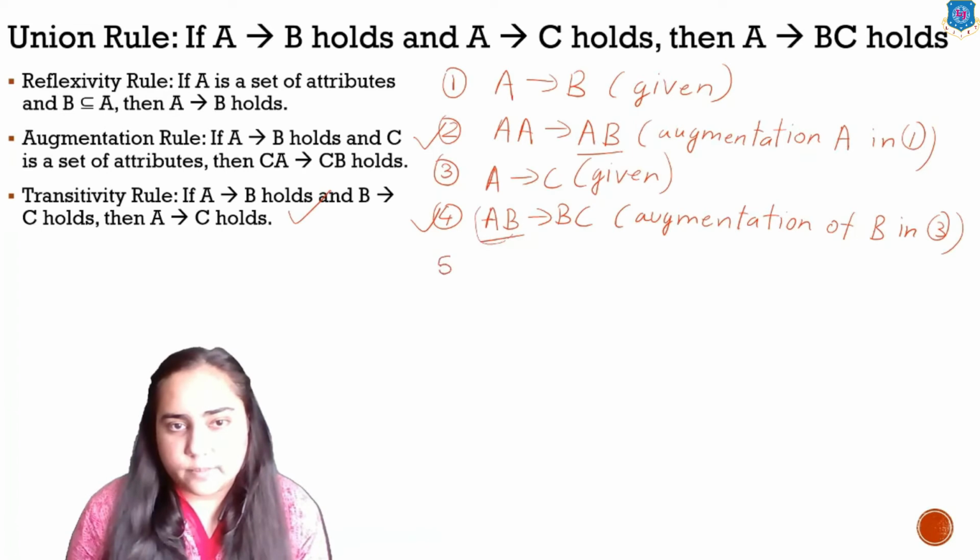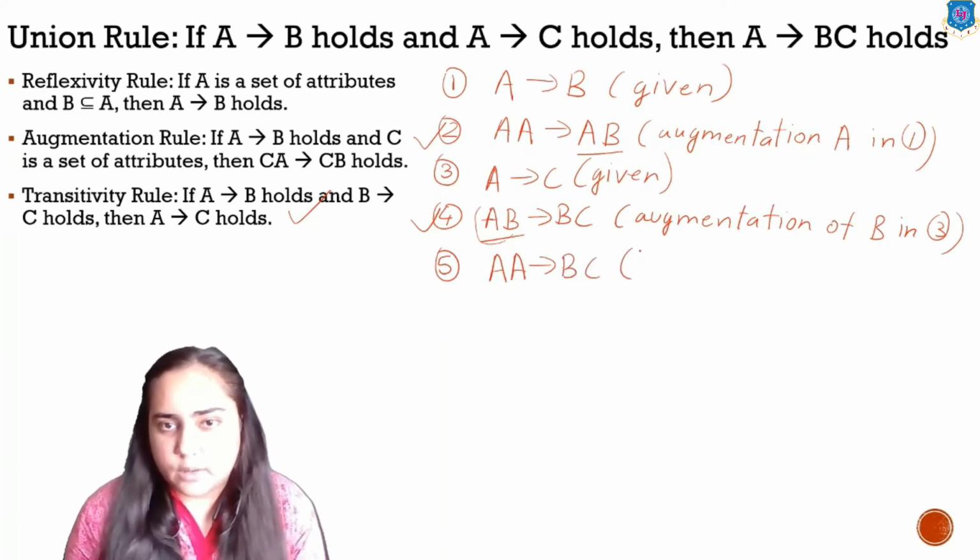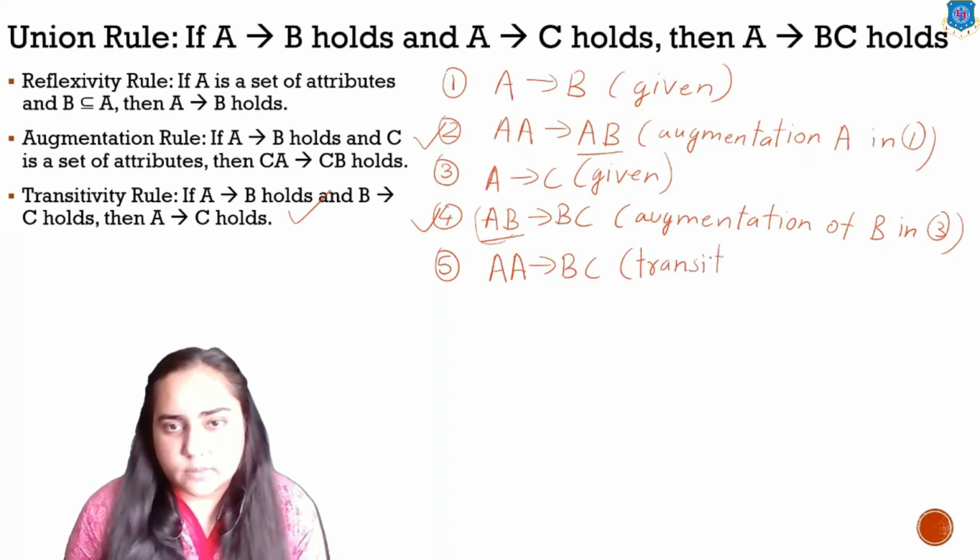So this would lead me to A determines BC, and it's fairly simple now, but we need to mention everything. So this is transitivity of rules 2 and 4. So that gives me transitivity.